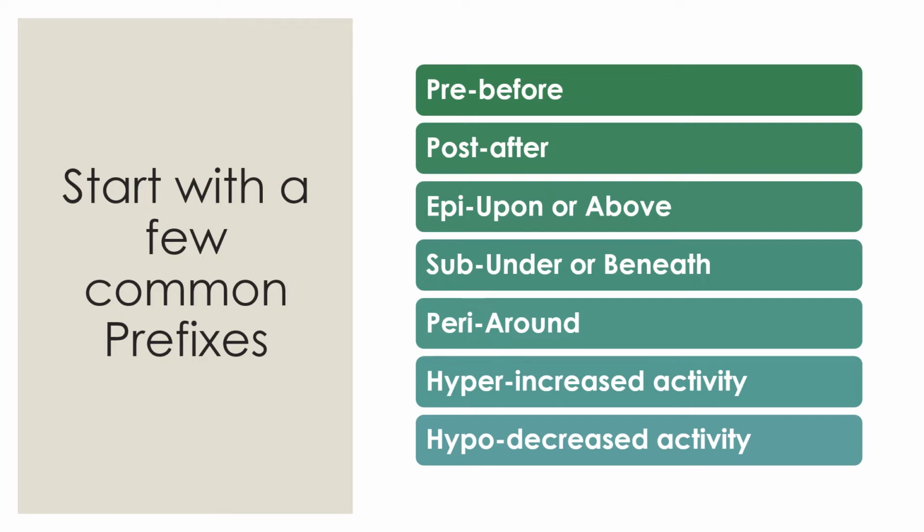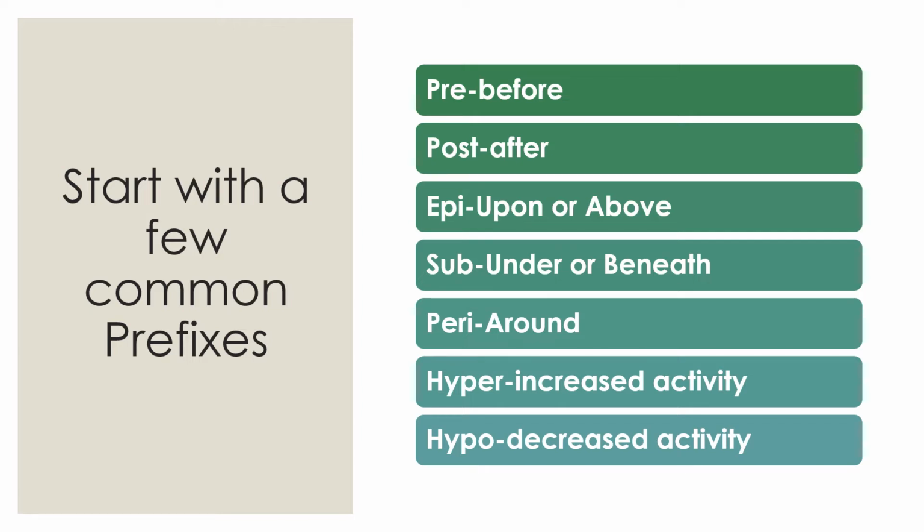Pre, well, obviously, prefix. Pre for before, post, after, epi, upon or above, sub, underneath, like a submarine, peri, around, like the perimeter of your yard, or a periscope on a submarine. Right. Hyper, increased activity.